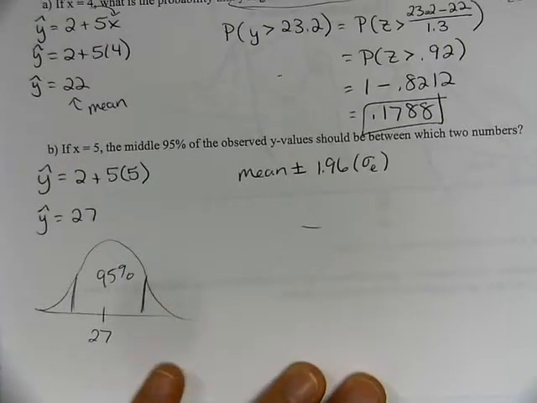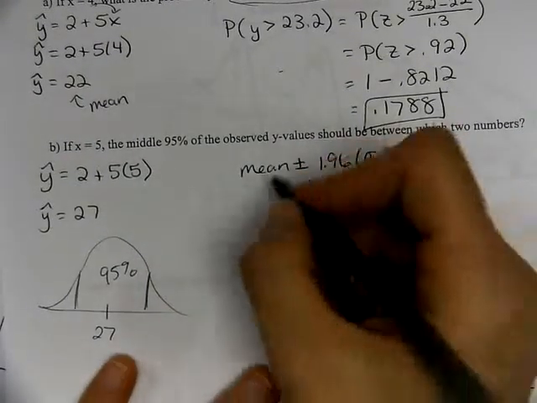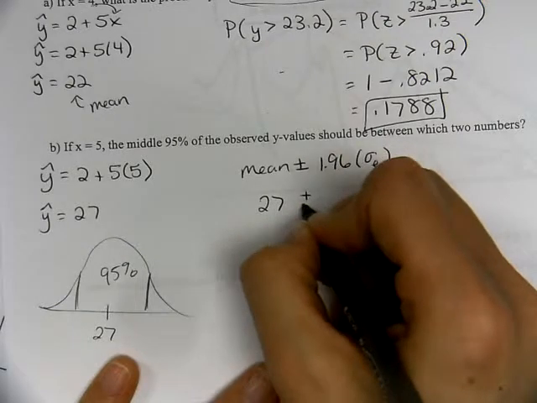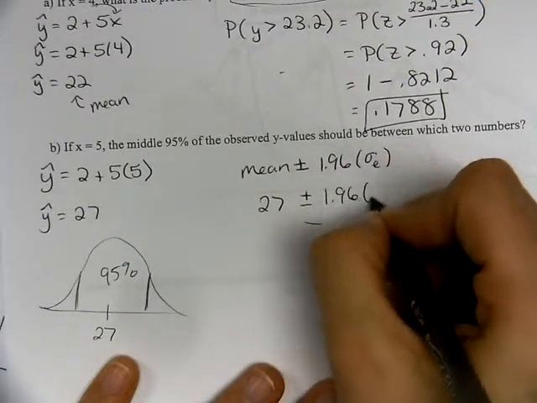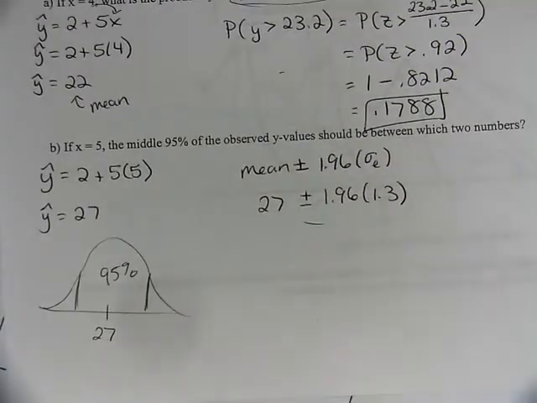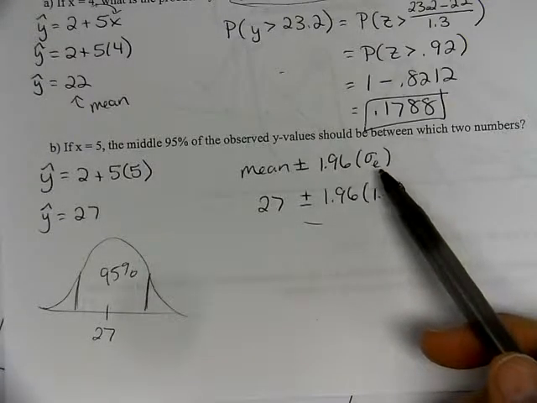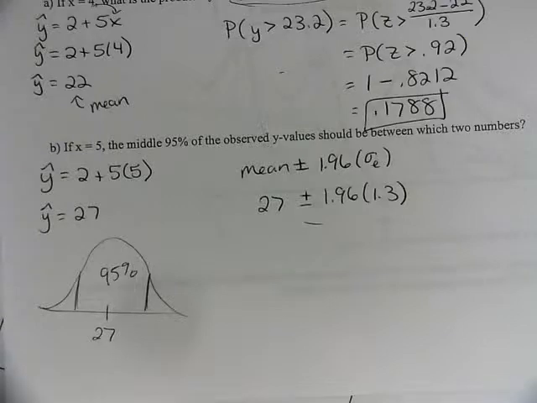I'm going to take my 27 and add and subtract 1.96 times 1.3. It's kind of like finding a confidence interval, but because we know the population standard deviation, we don't have to divide by the square root of n, because we're not taking a sample.